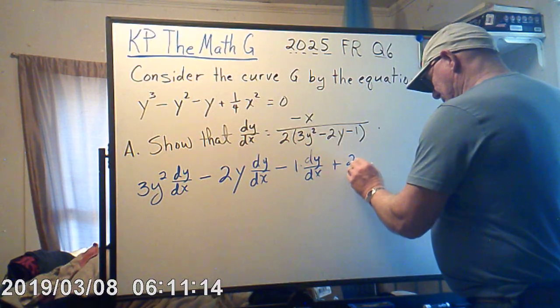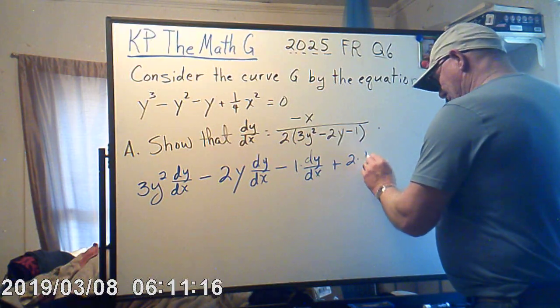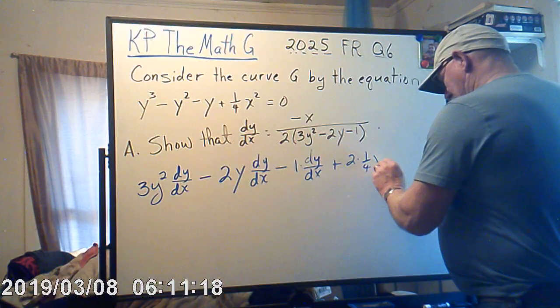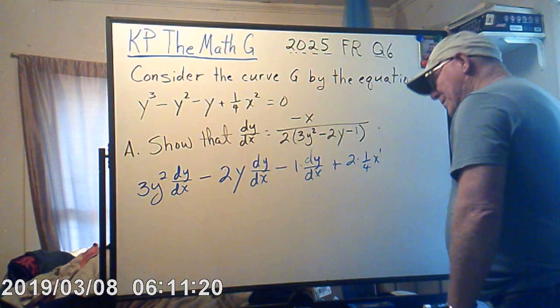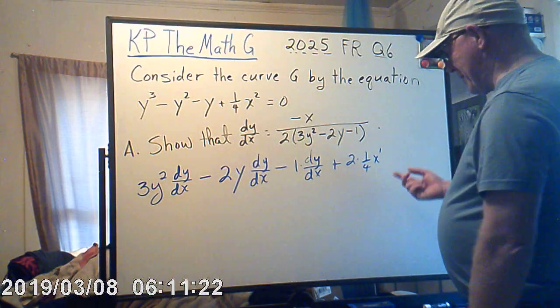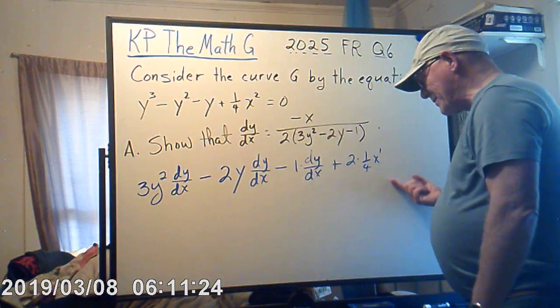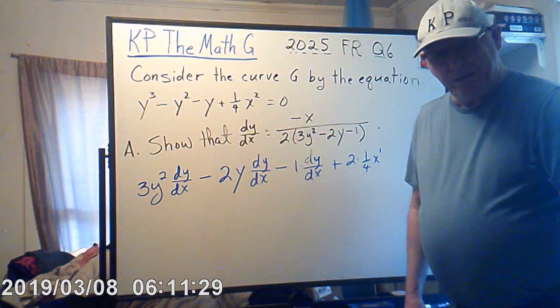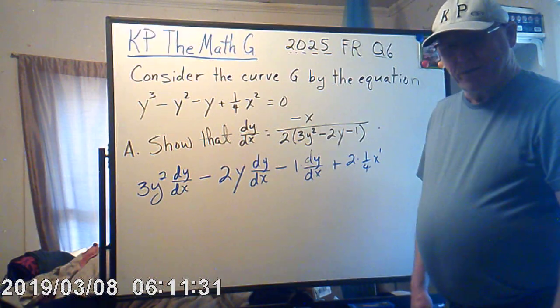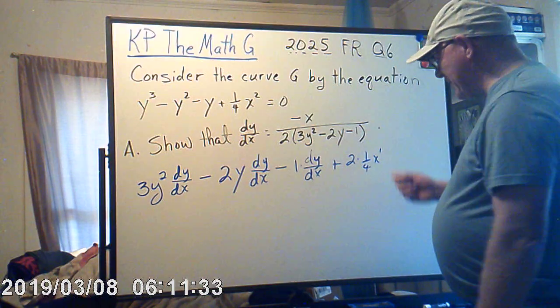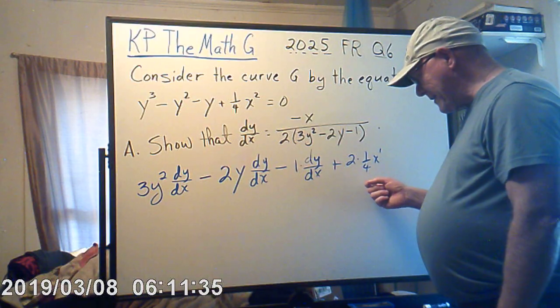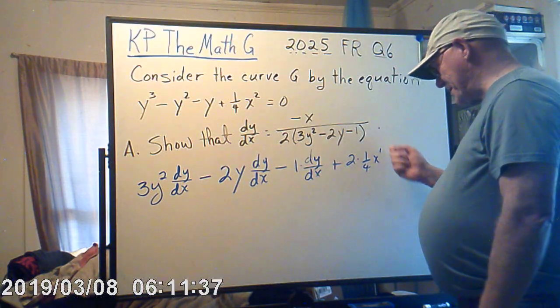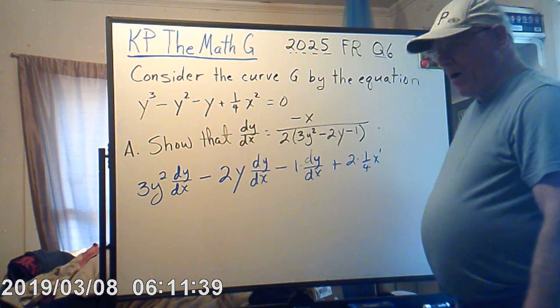So 2 times 1/4 x, raised to the 1. Now, we don't tack a dy over dx here because we didn't differentiate y, we just differentiated x. You still find the derivative of x here, but you don't tack a dy over dx on that.